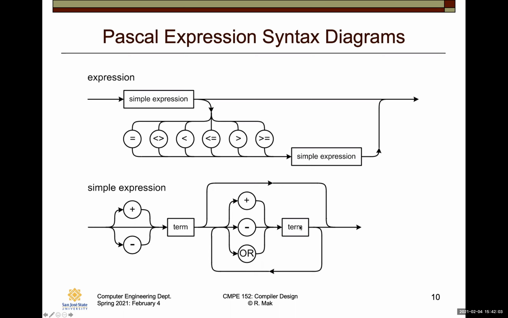So you could have a whole series of terms separated by either a plus sign, minus sign, or the reserved word or, and then when you're done, you go out. You can think of simple expression as dealing with the additive operators, so plus, minus, and or are considered the additive operators.